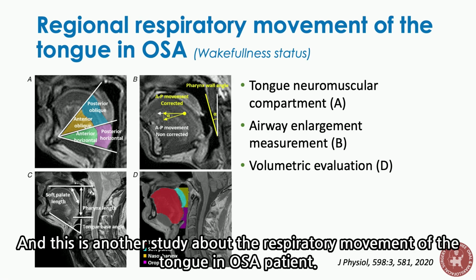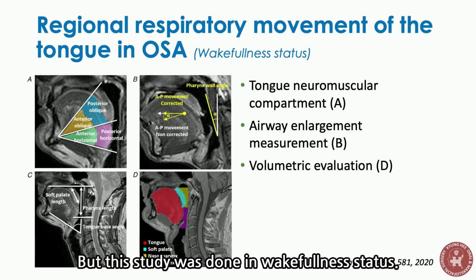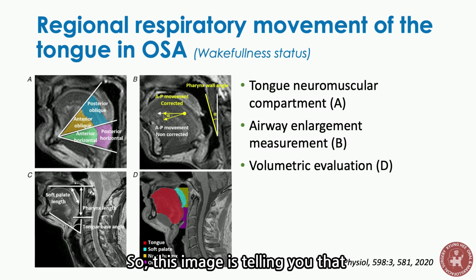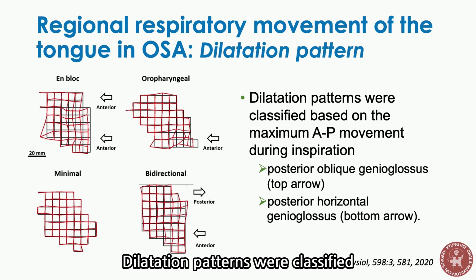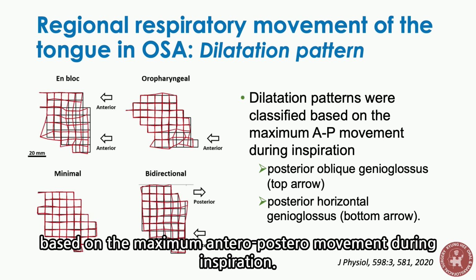And this is another study about the respiratory movement of the tongue in OSA patients, but this study was done in a wakefulness state. So these images are telling you that some compartments of the tongue moved. Dilatation patterns were classified based on the maximum anterior-posterior movement during inspiration.